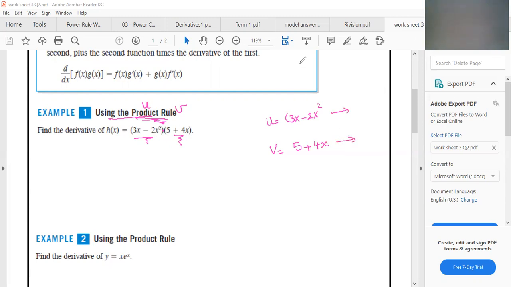I write the derivative in another color. How do we find the derivative of this function? Look here, it is a linear term. In this lesson, I need the skill of memorizing the basic rules of differentiation. Let me remind you: the derivative of any constant with respect to x is 0.